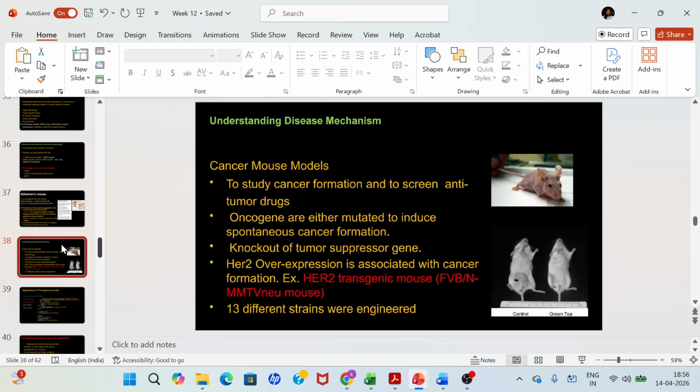And HER2, as I told you, is a gene associated with breast cancer, which is used to cause a kind of cancer in the mouse model, so that it can be studied further for testing of the cancer.